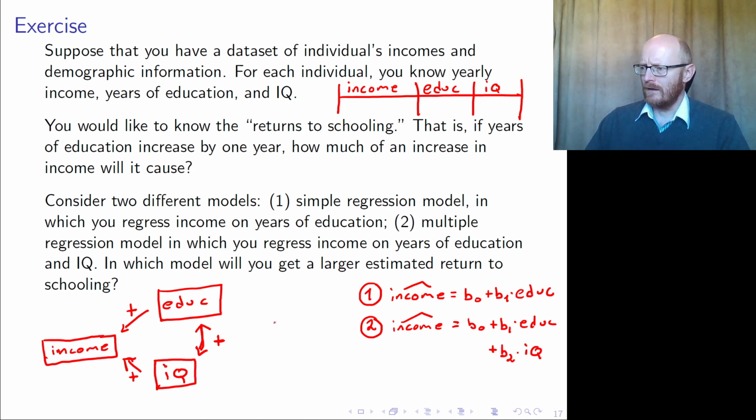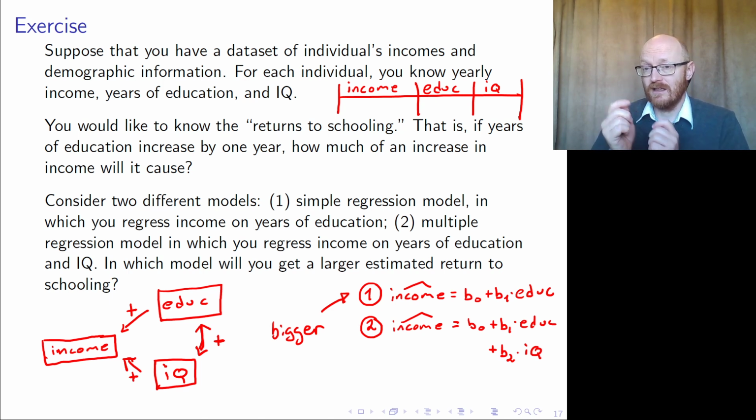Well, probably you would get a bigger B1 coefficient on education in regression 1, because here education is like a basket where you put both the effect of education, which is positive, and the effect of IQ, which is also positive.